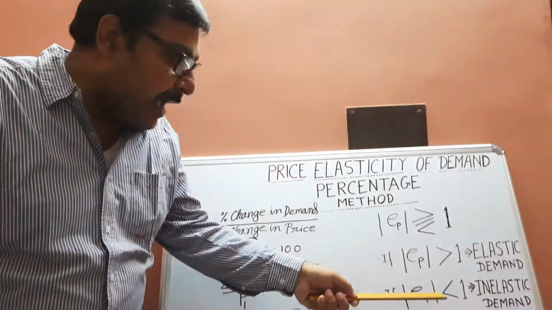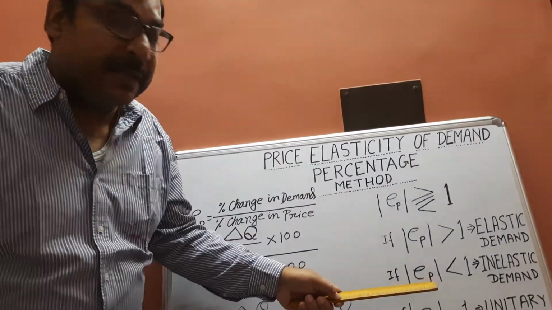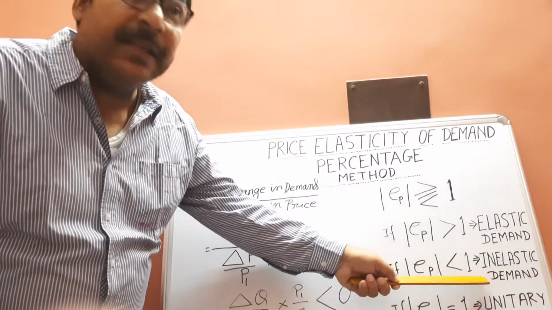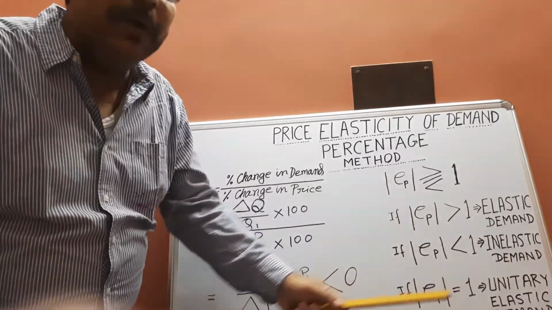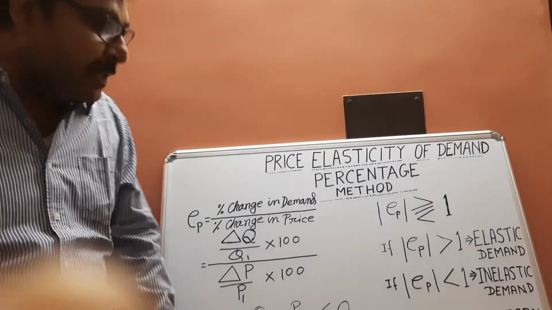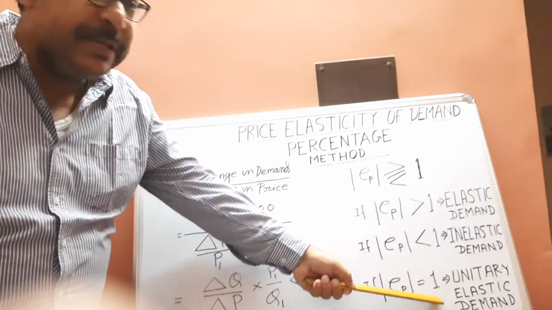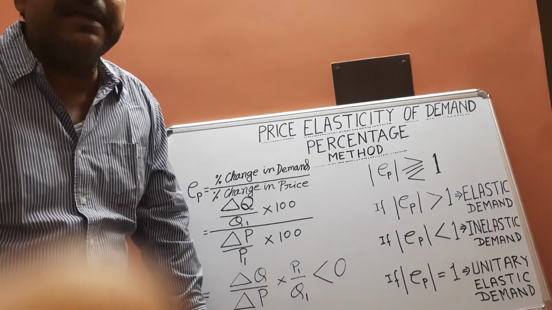So if the answer is less than 1, modulus EP is less than 1, we will give a statement, it is a case of inelastic demand. If you see modulus EP is equal to 1, that means percentage change in demand is equal to percentage change in price. We say this is a case of unitary elastic demand.